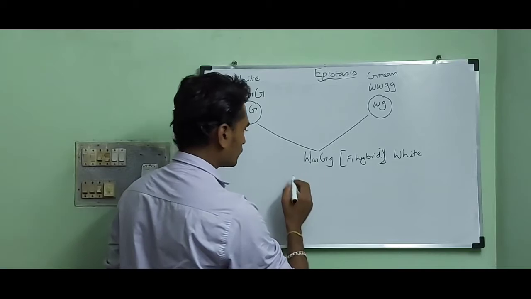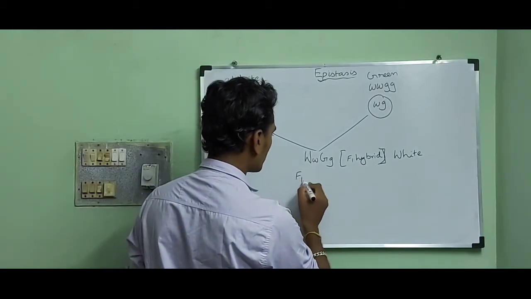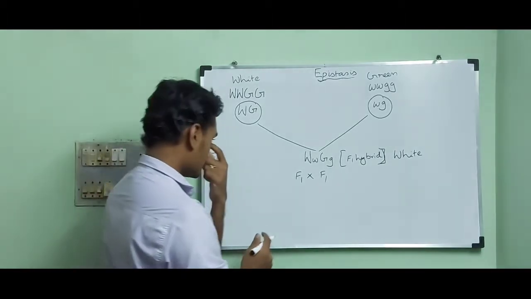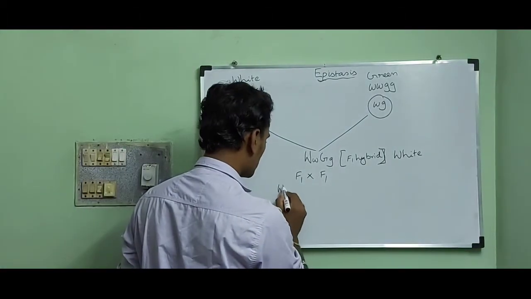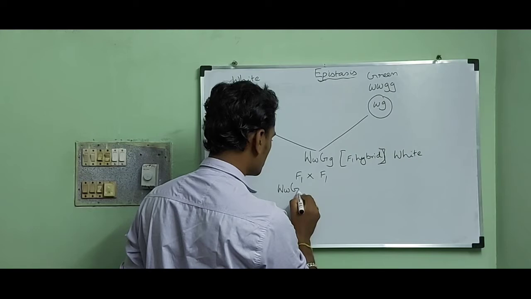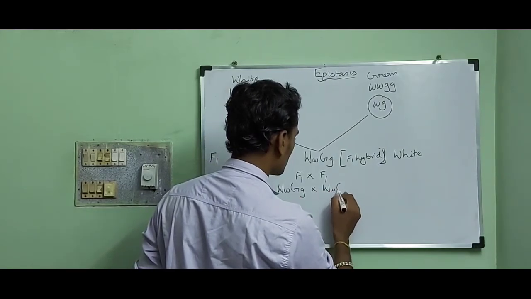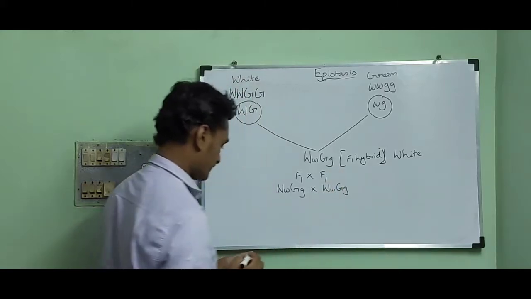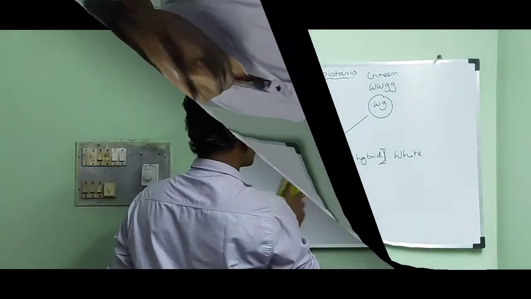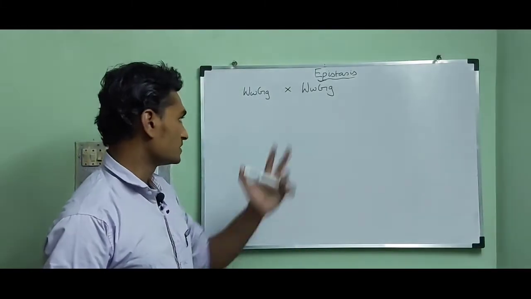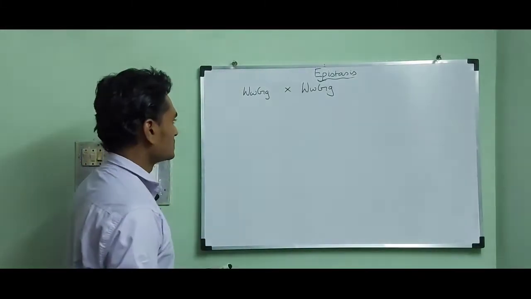Then the F1 generation is allowed to self-pollinate. So F1 generation crosses with F1 generation, that means capital W, small w, capital G, small g crosses with capital W, small w, capital G, small g. The cross is made between these two individuals to develop the F2 generation.